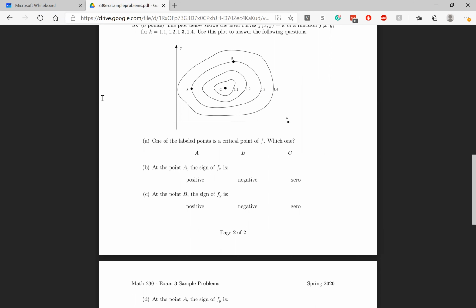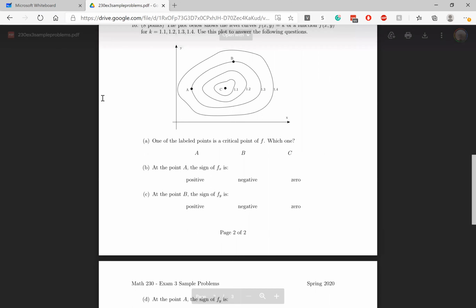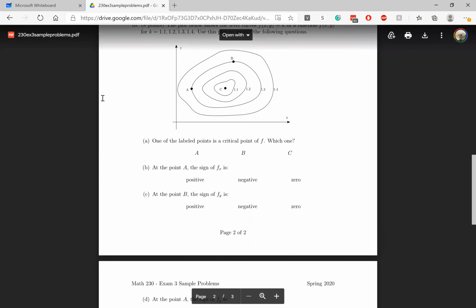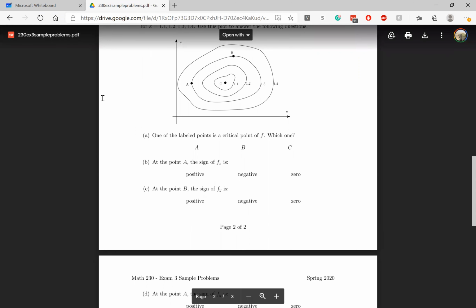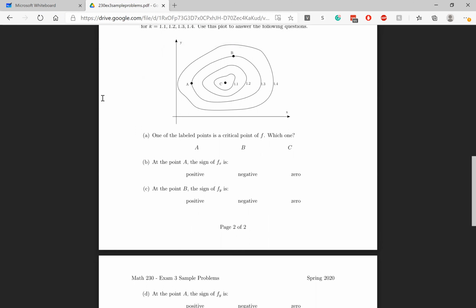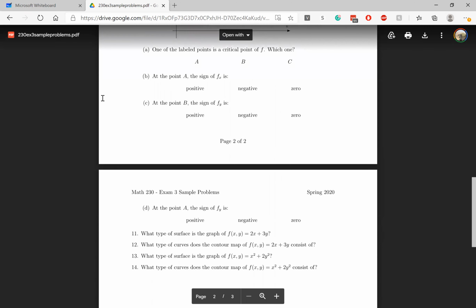At the point A, the sign of the partial with respect to x is, if we move along A in the x direction slightly, we are going to be going down, so it's going to be negative. At the point B, the sign of the partial with respect to y is, if we move up in the direction of y, we are going up, so the sign will be positive.